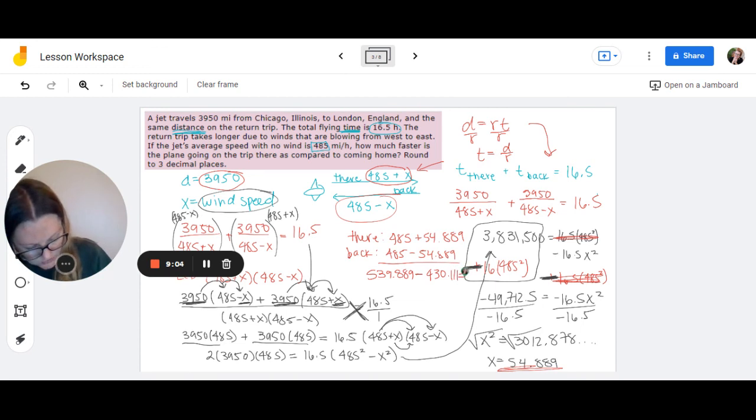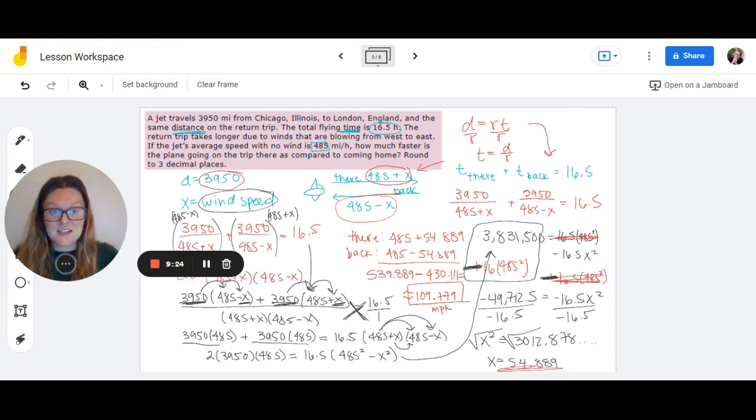And then when I subtract those, give me a second, I get about 109.779. Oh my goodness, guys. Okay. And before I box that, I probably should have put miles per hour because we are talking about a word problem. Okay, so wow, that is a big mess, but that is how you solve this problem.